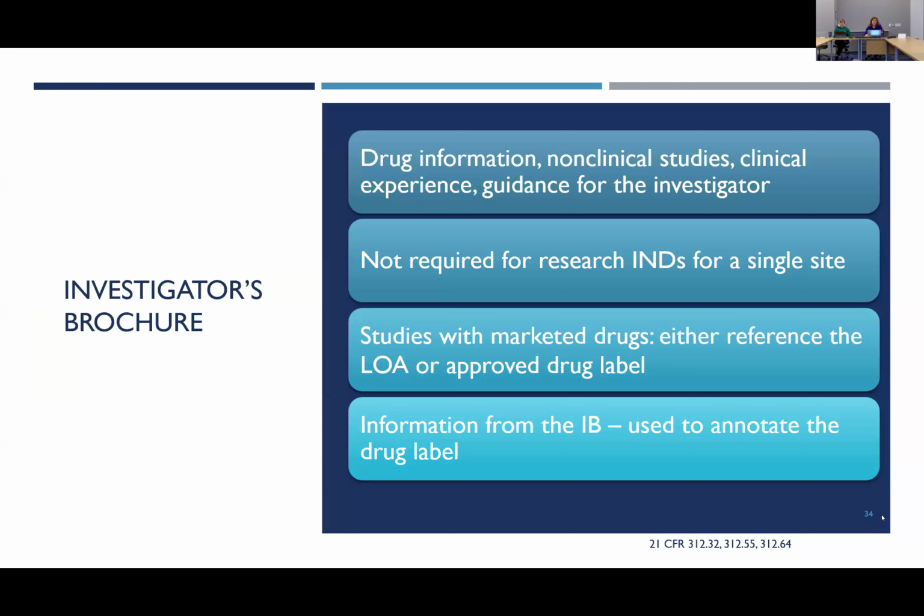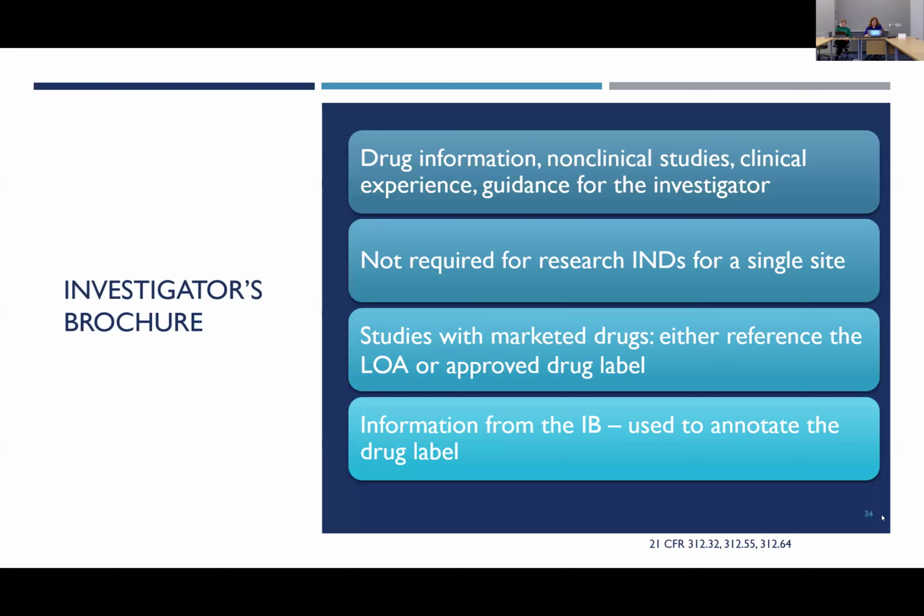All right, moving on to the investigator's brochure. If you're not familiar with this type of research, the investigator's brochure contains all of the information that the drug company knows about the drug. Basically, it's a living document as preclinical and clinical studies proceed. You'll see it updated. Anybody who sits on an IRB sees these updates come through quite frequently.